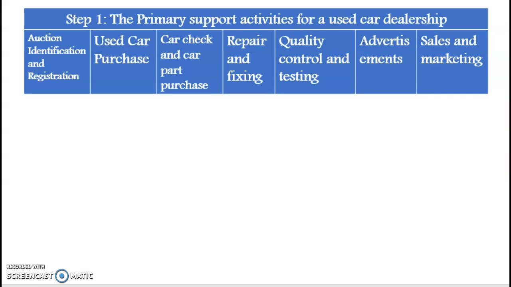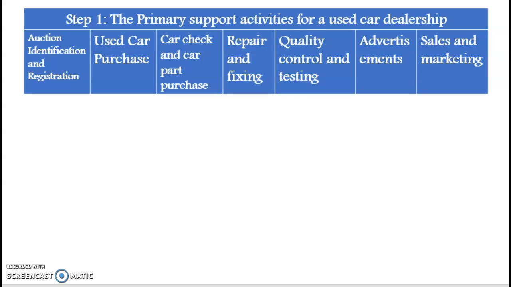Moving on to step 1. To start with, the primary and support activities for a used car dealership. You have to understand the different sections, the different support activities in the company. The first one is the auction identification and registration, then used car purchase.